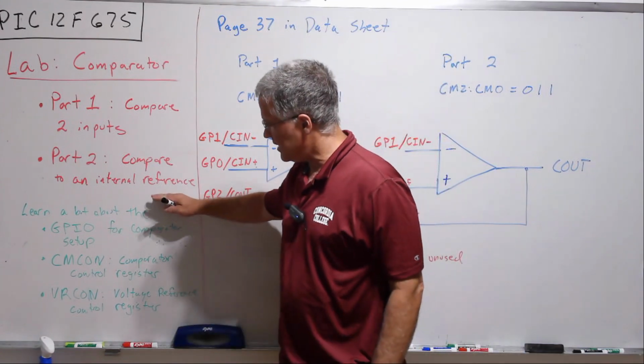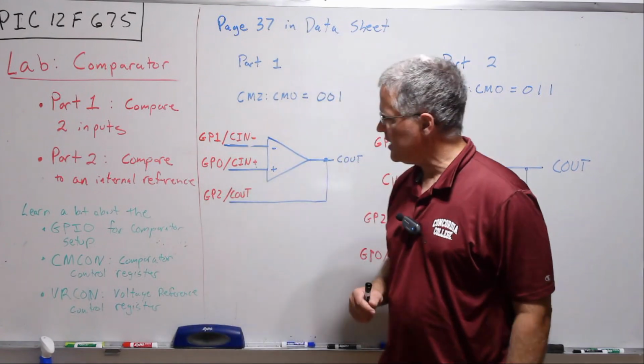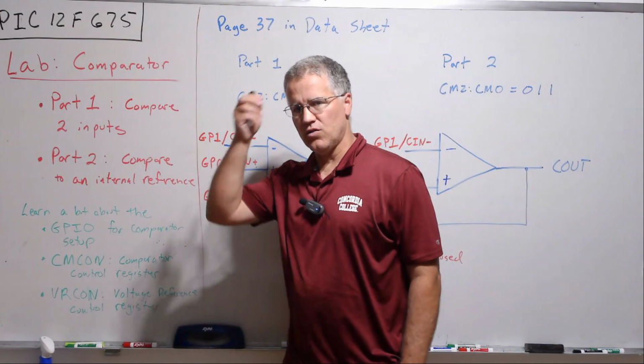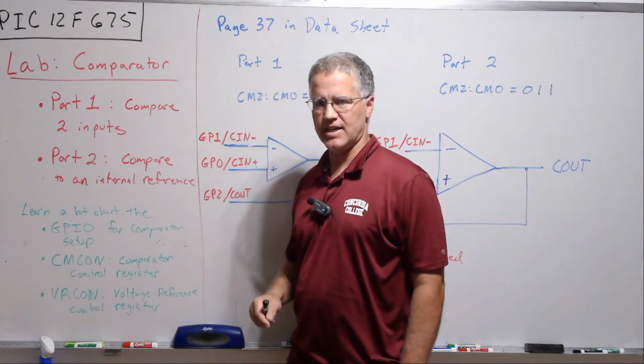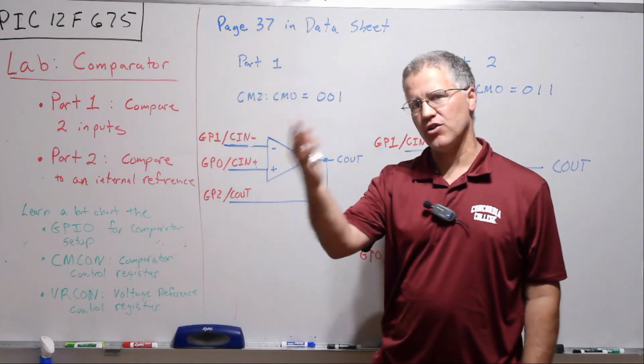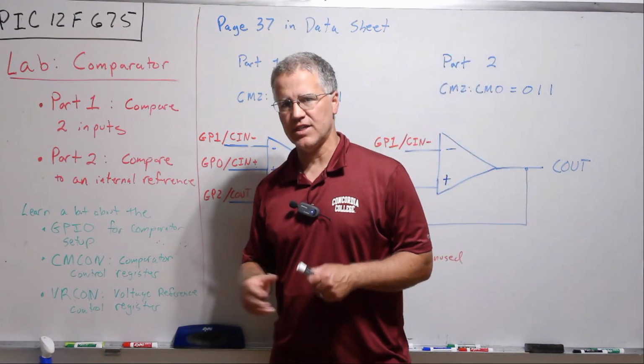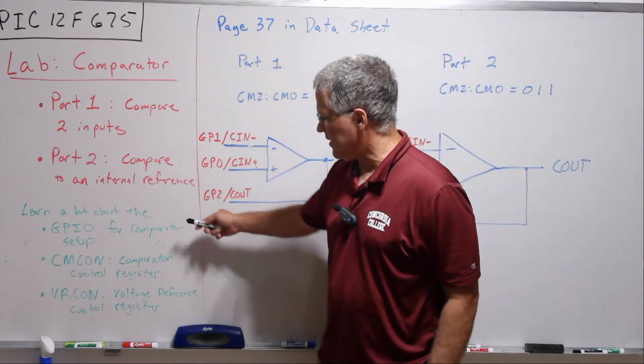We're going to learn to set up the GPIO register. We're going to let some of the previous video on just making the LED blink, if you did go back and watch that, or if you're coming off of our PIC12F675 series, that will be quite familiar.